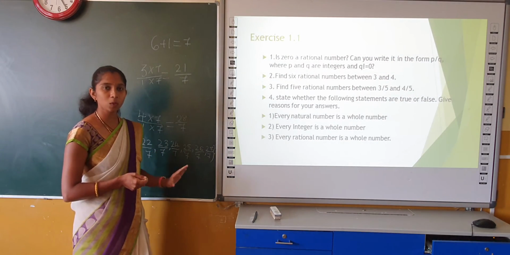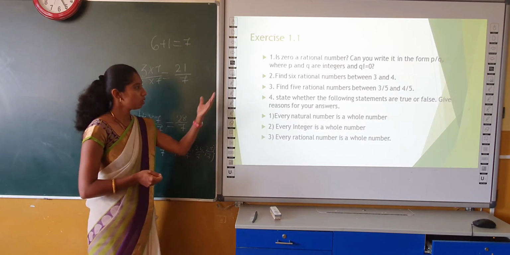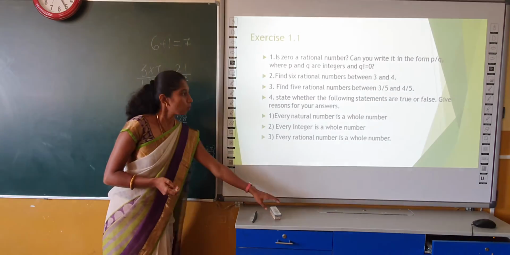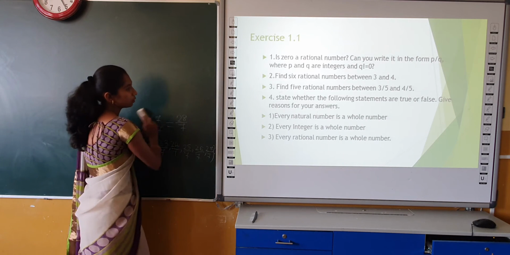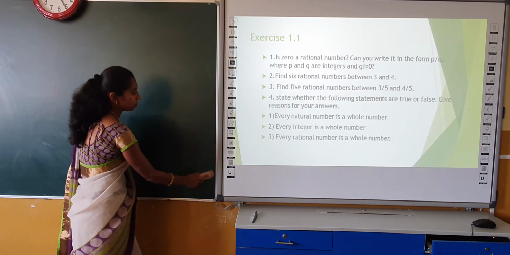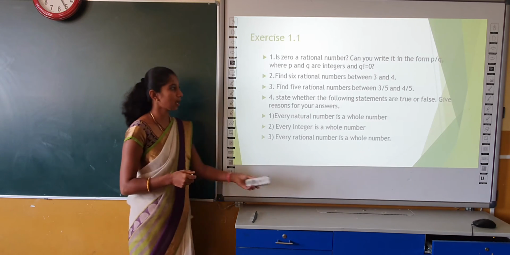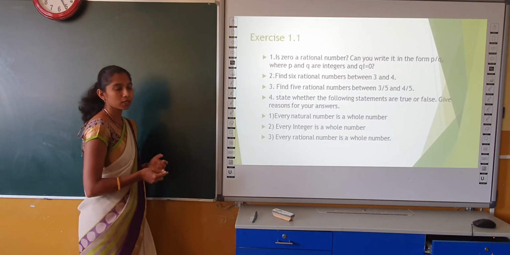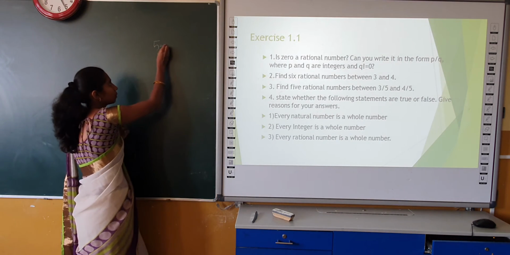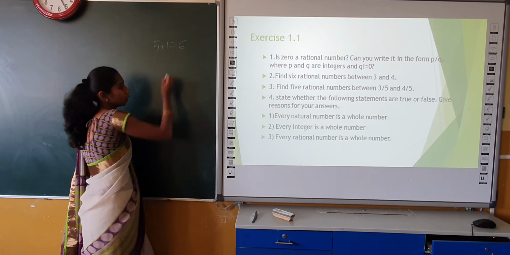In the same way, we have to solve the third problem. What is the third problem? Look at the question. Find 5 rational numbers between 3 by 5 and 4 by 5. 5 rational numbers means, as I told you already, you have to do 5 plus 1. Okay.